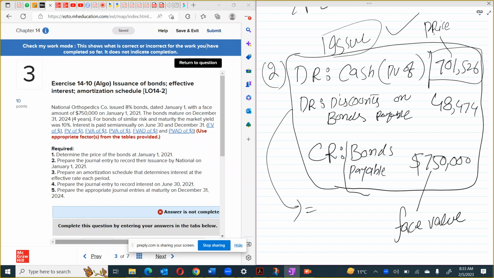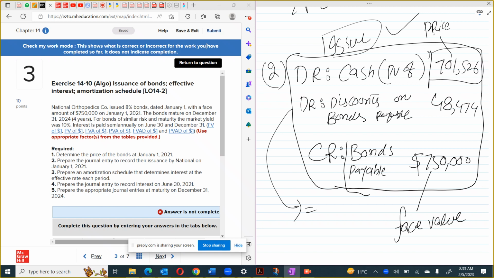Now I will put the entries here simply. Interest expense is 35,076. Second is discounts on bonds, 5,076, but it is a credit of 5,076. And the last one is cash interest, so it's directly the cash.